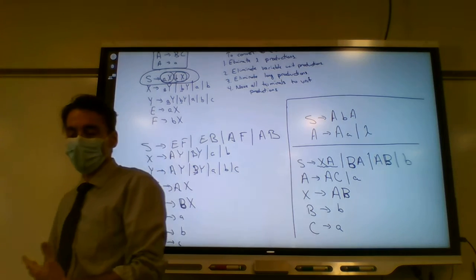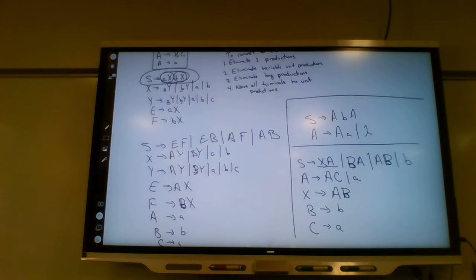So if we have a grammar that doesn't include the empty string, if the language does not include the empty string, then we can go through this process to convert. Now, well, what happens if it does include the empty string? Then we can't eliminate that lambda production, right? Because one of those lambda productions has to still be there somewhere, somehow.